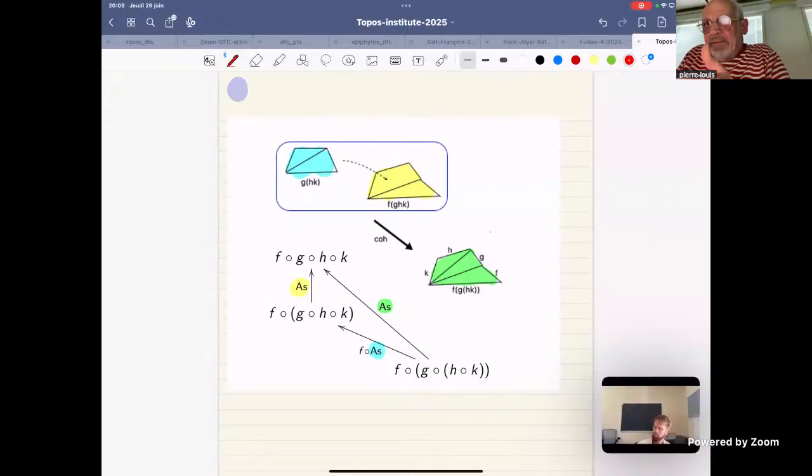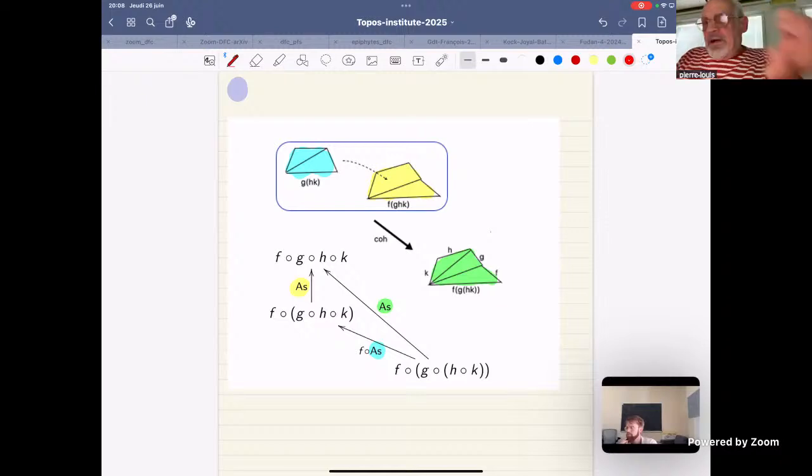But gluing the blue thing inside the yellow thing says that I further decide that I didn't quite know how to compose g, h and k directly. I needed first to compose h with k and then with g. So you have this kind of delayed decisions on how to compose things.